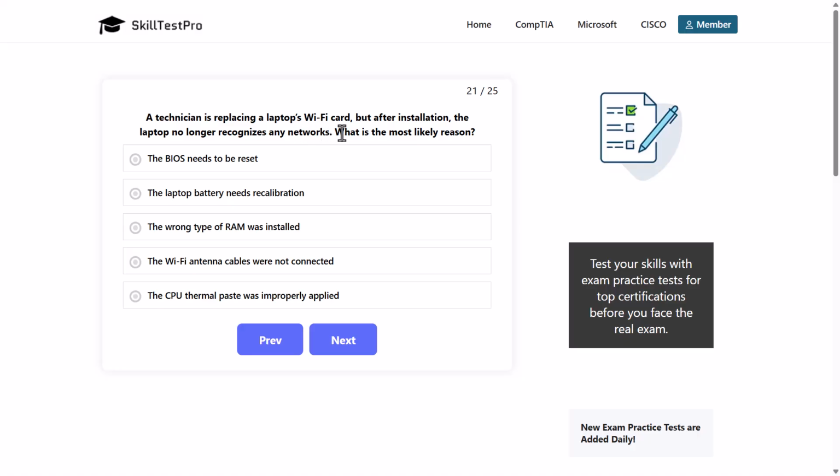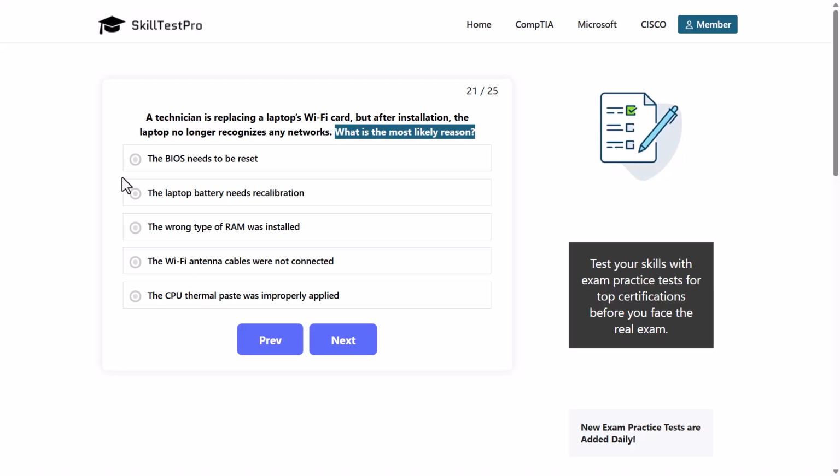A technician is replacing a laptop's Wi-Fi card, but after installation the laptop no longer recognizes any networks. What is the most likely reason? So we are replacing the NIC or network interface card, and after replacing this Wi-Fi card the PC is no longer able to recognize any network. So what is the most likely reason?